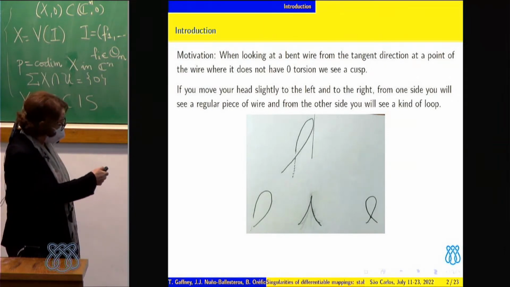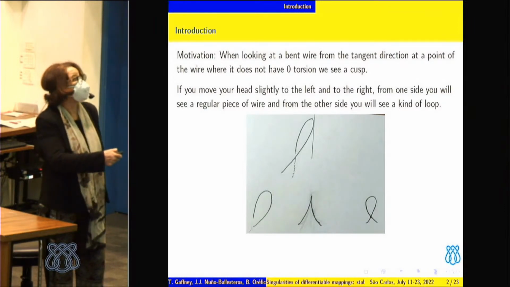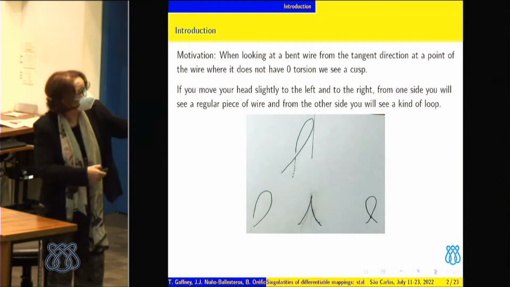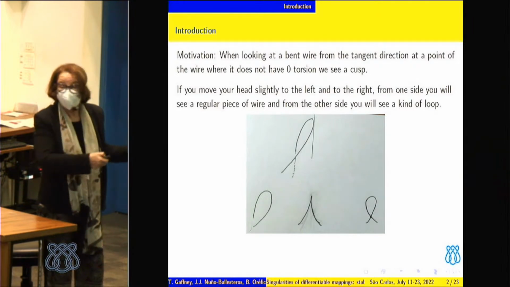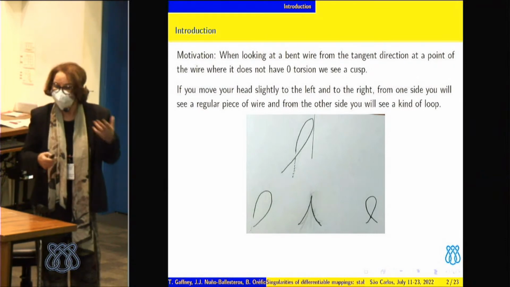So we can find either this picture or this picture. So if I look at this as a family of views, then I can understand much better the singularity.